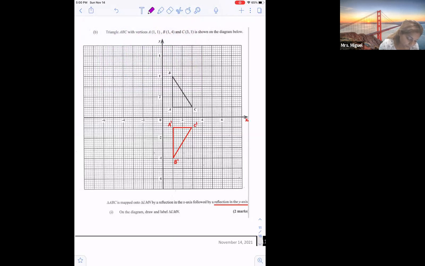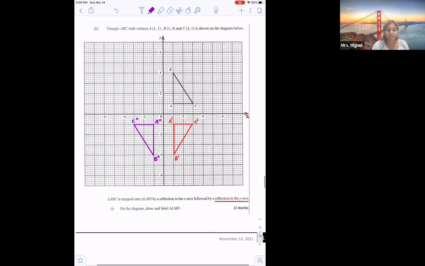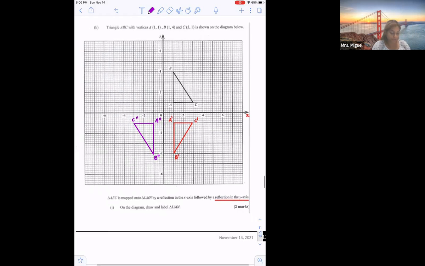So this is 1 point here. So here will be 1 point, right? Then this will be like that. So this is A double prime, C double prime, B double prime. So that would have given me 2 marks for that drawing.